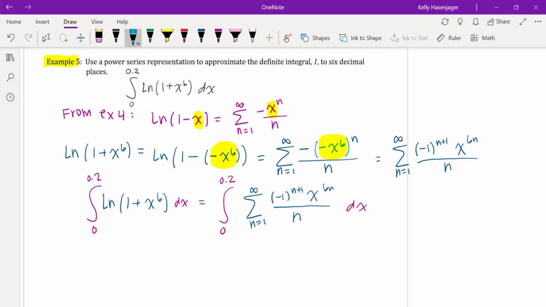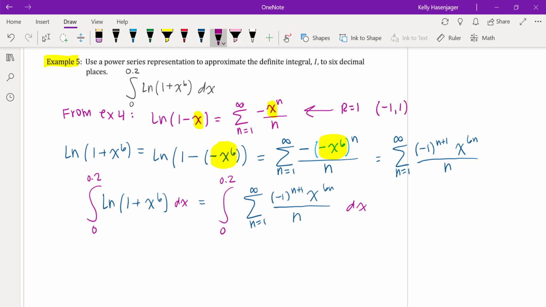Now, I want to go back and make an important remark. From example 4, way back up here, we found that that equality was true when we had a radius of 1. So it was true for x values between -1 and 1.